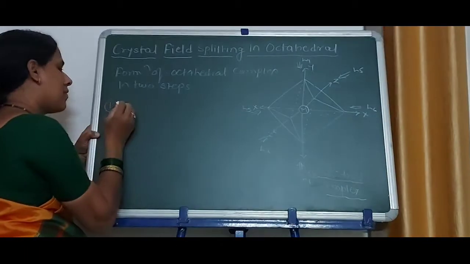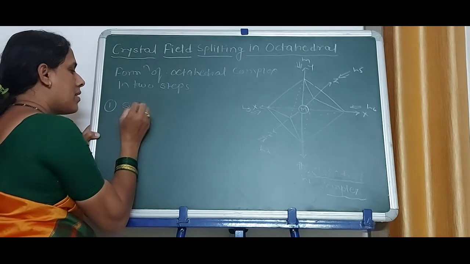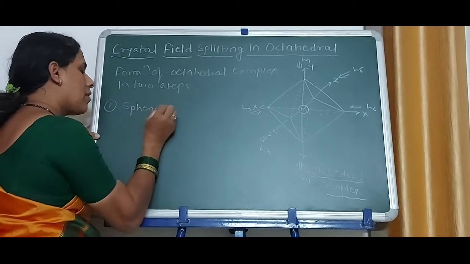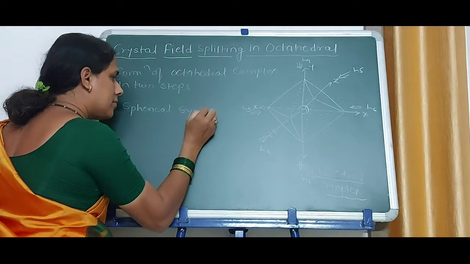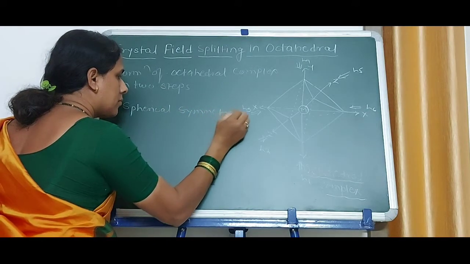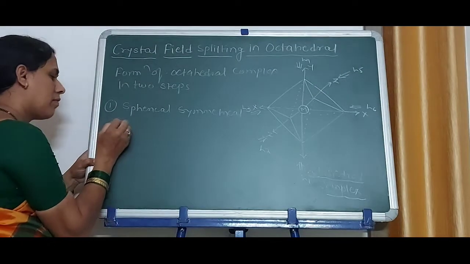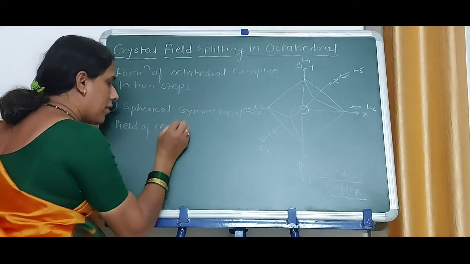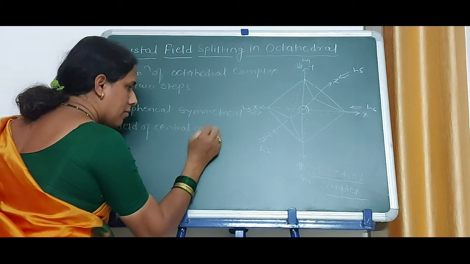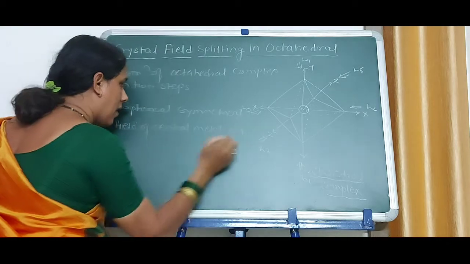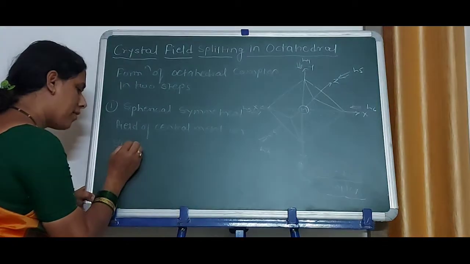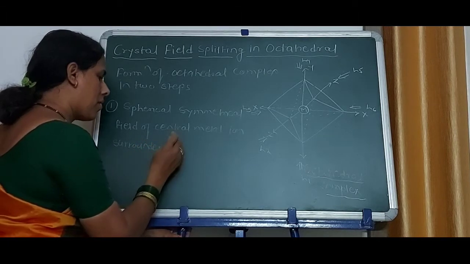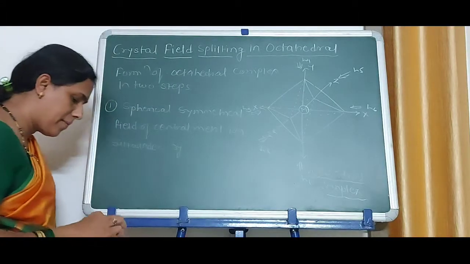First is the spherical symmetrical field of the central metal ion surrounded by ligands.